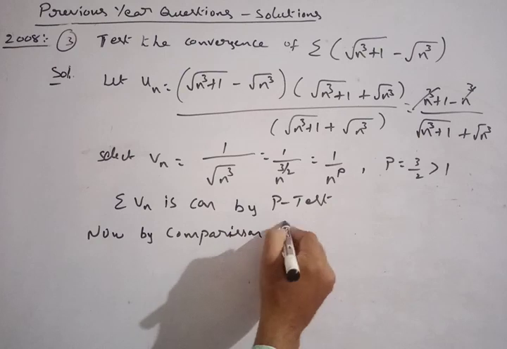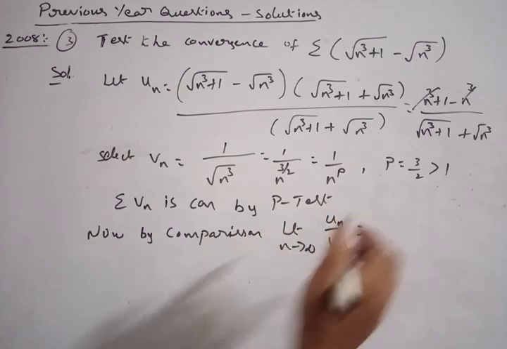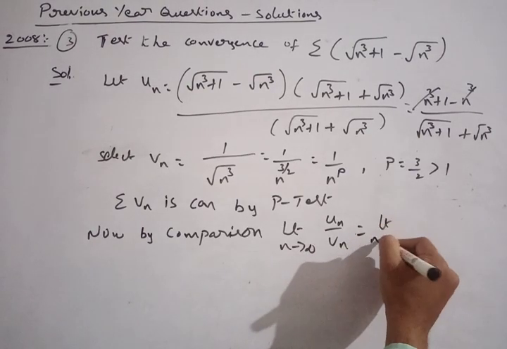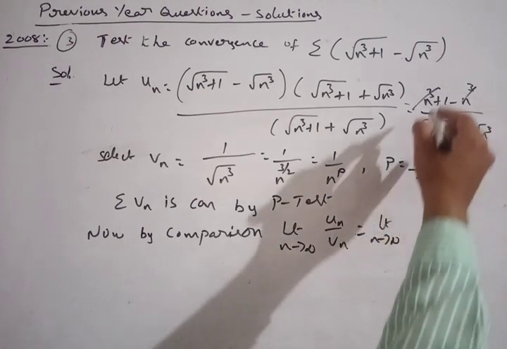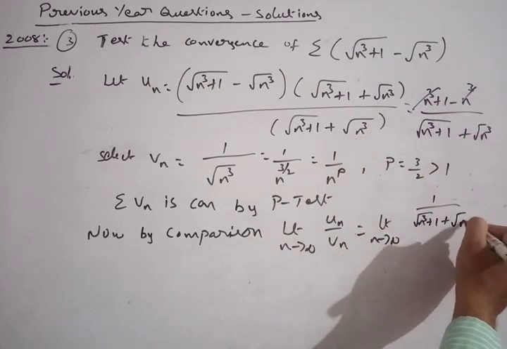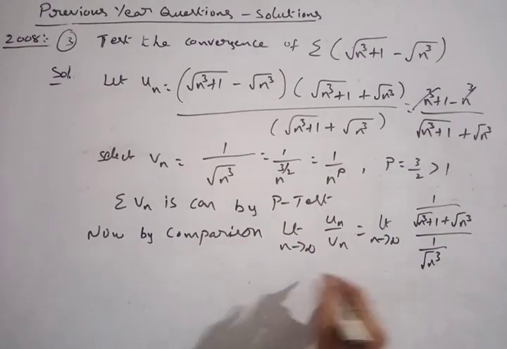Now by comparison, what we have to do? Limit n tends to infinity, Un by Vn is equal to limit n tends to infinity. What is my Un value? The changed one: 1 by square root of n cube plus 1 plus square root of n cube, divided by 1 by square root of n cube. This part will go to numerator.